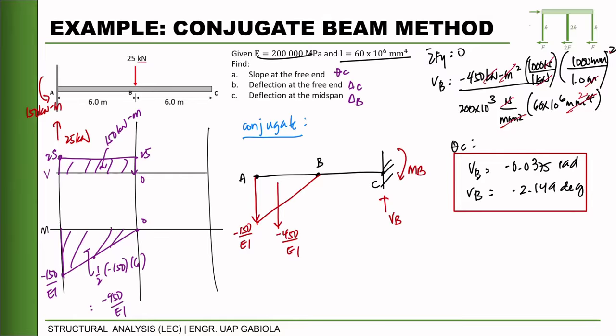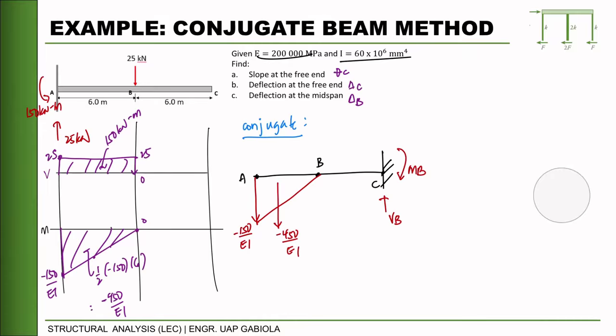So next, let's have the moment. So this is already duplicated. For moment, summation of moment at C is equal to 0. So we have negative 450 over EI times, this is how much?